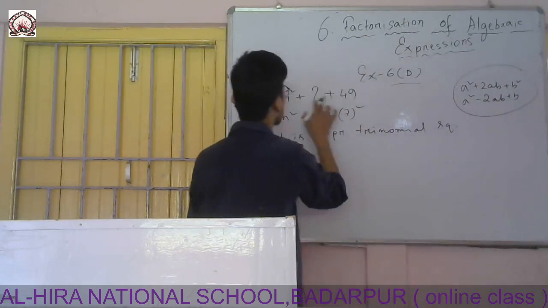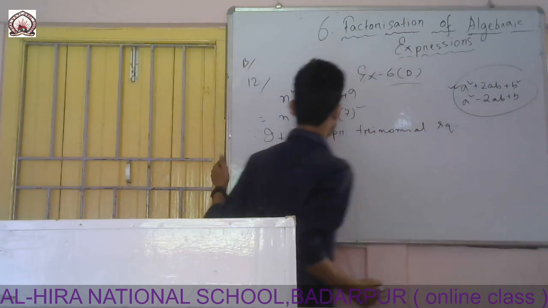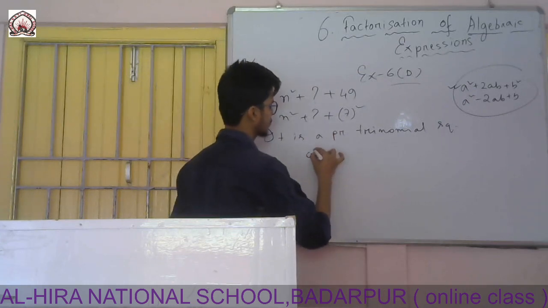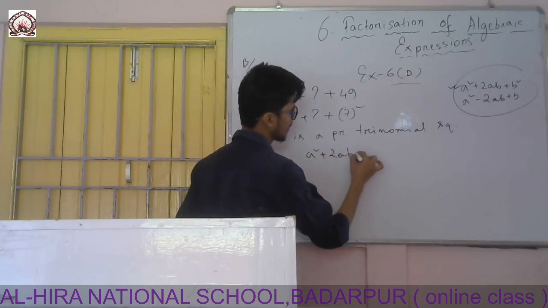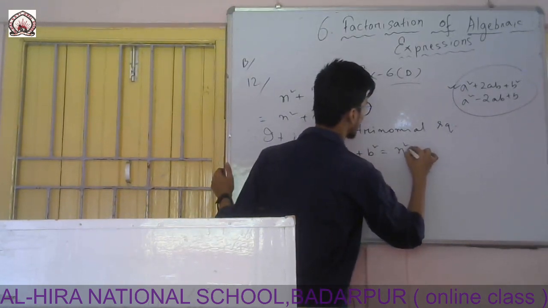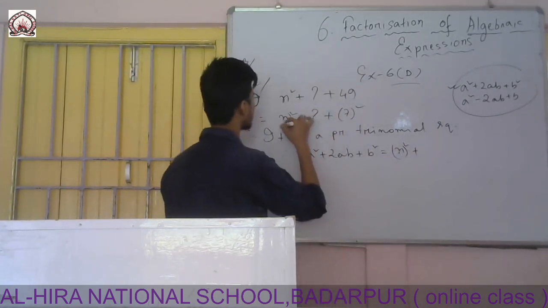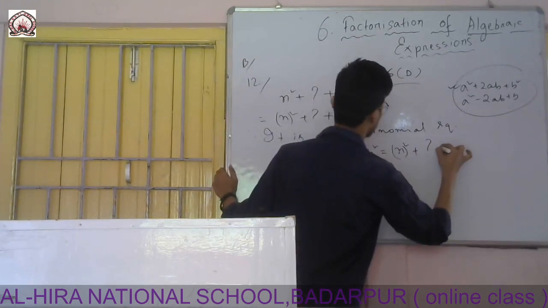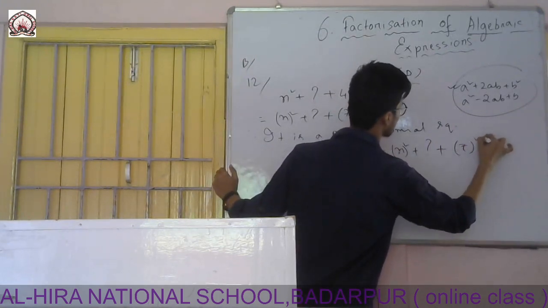Here both signs are plus, that means it will follow this one. So therefore a square plus twice ab plus b square is equal to n square plus question mark plus 7 square.